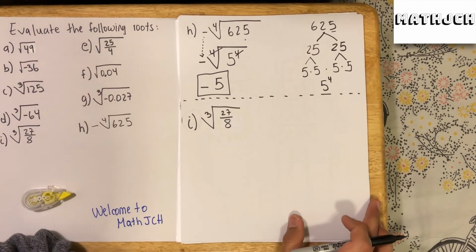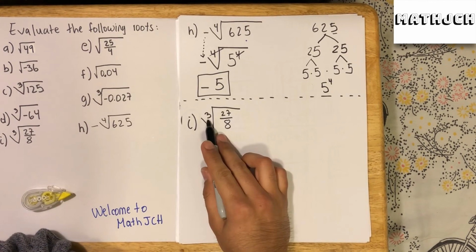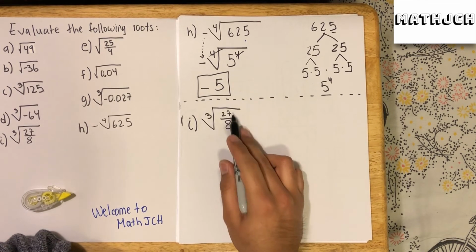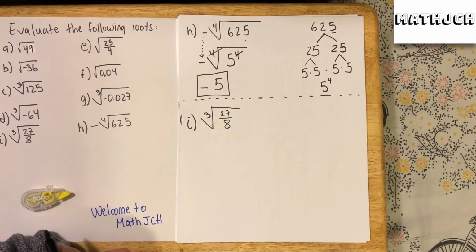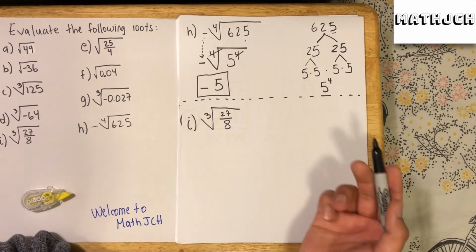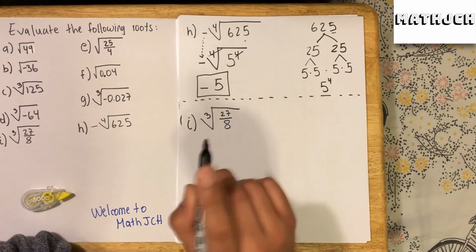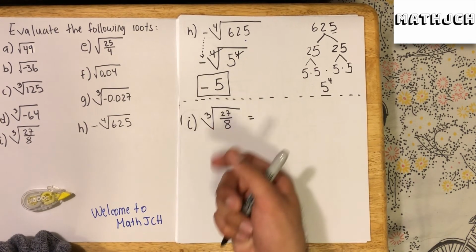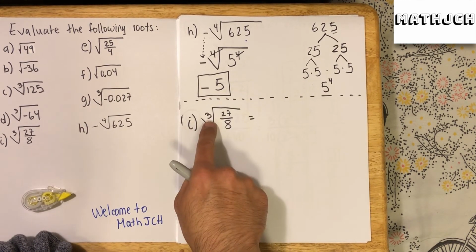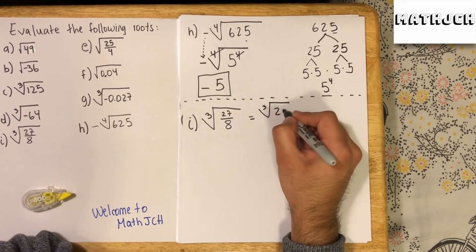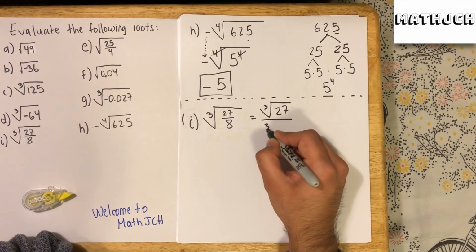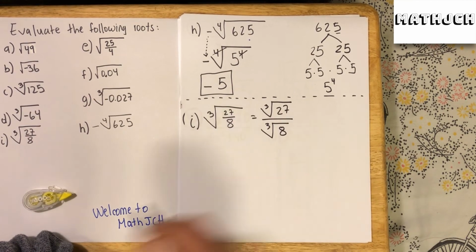For our final problem, we have a cubic root of a fraction again, of 27 divided by 8. Again, let's do the prime factorization of each number. But before doing that, let's break down each one into having its own cubic root. So we're going to have cube root of 27 divided by a cube root of 8.